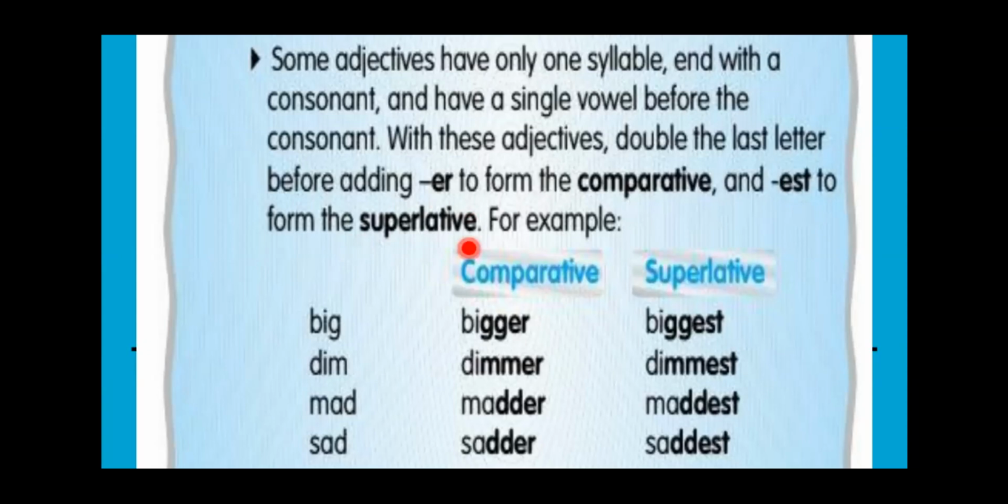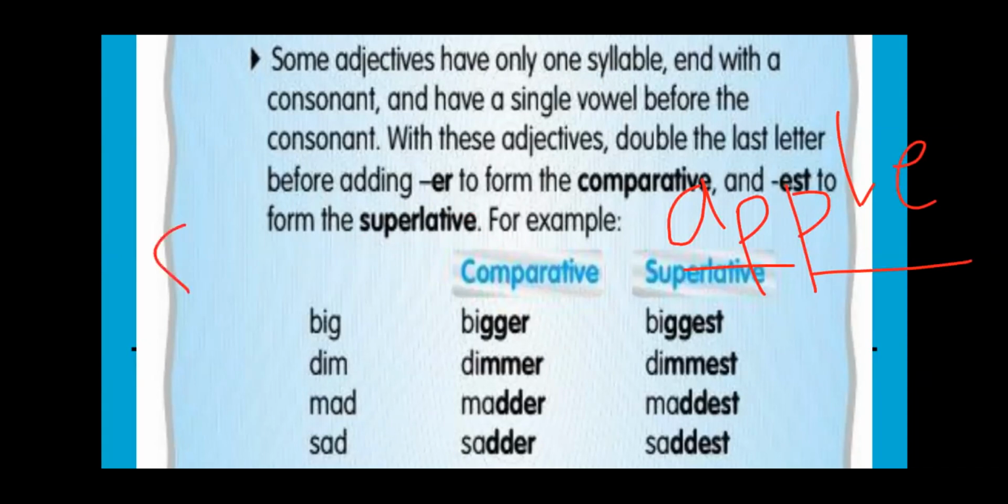The adjectives that have one syllable. Syllable is nothing but a unit of pronunciation. What is a unit of pronunciation? For example, apple. How many syllables are there in apple? Two syllables. Cat, bat, rat, mat, these kinds of words have only one syllable, right?